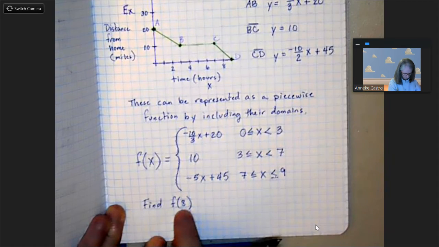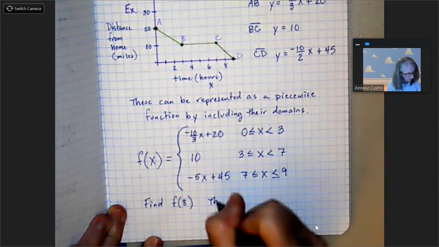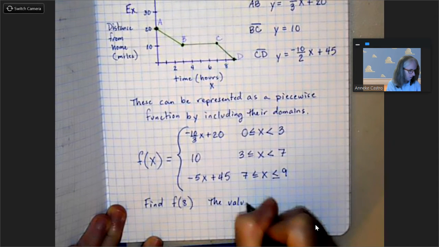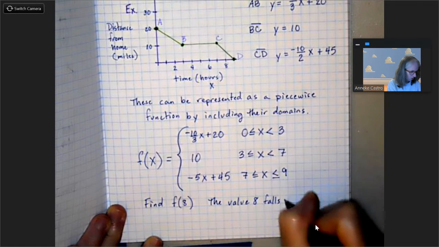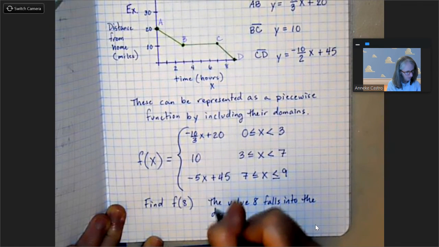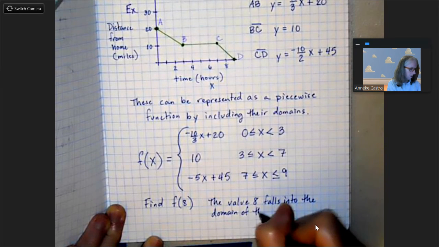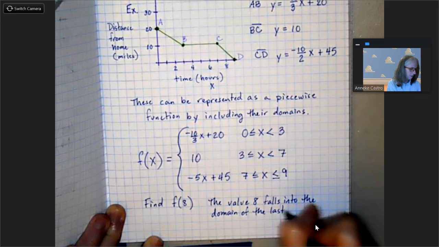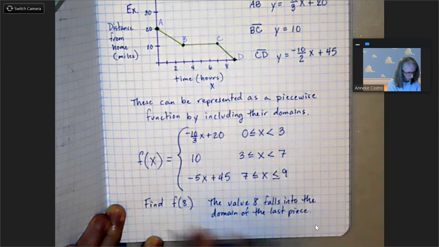Okay, so the 8, the value, falls into the domain of the last piece. So we're going to use just this piece.